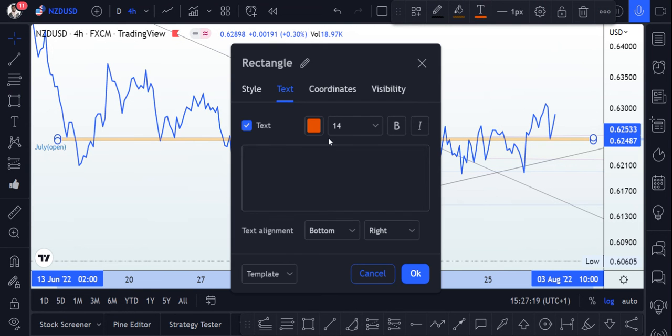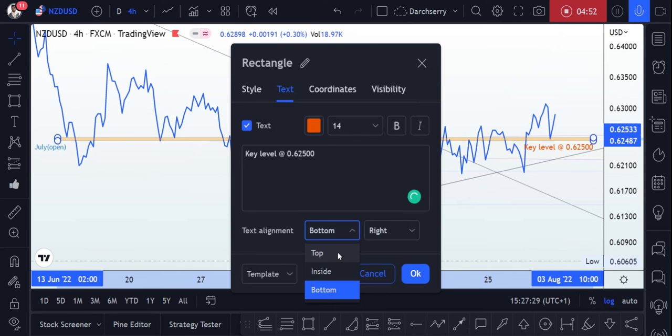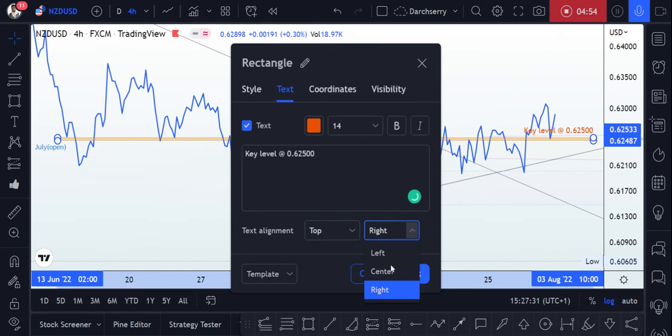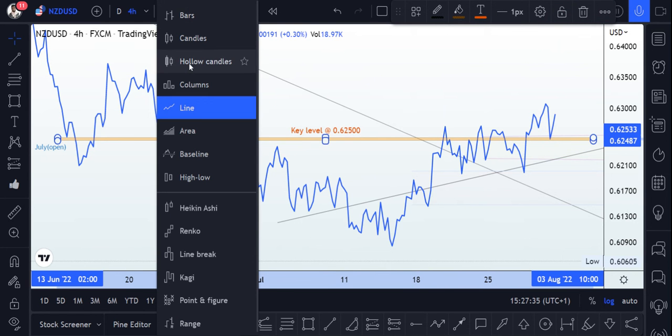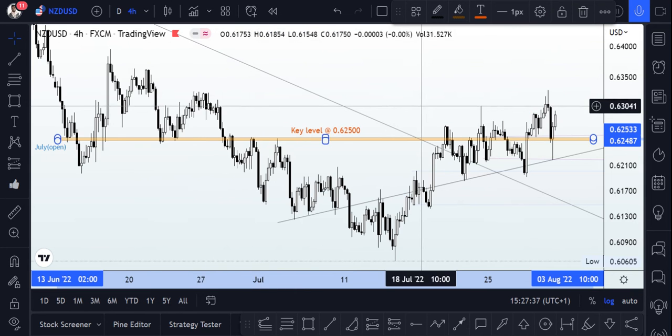We have a key level sitting at 0.62500 area. I would like to place that at the top and at the middle so that we can see it very clearly. So this is what I'll be looking out for going into the new week.